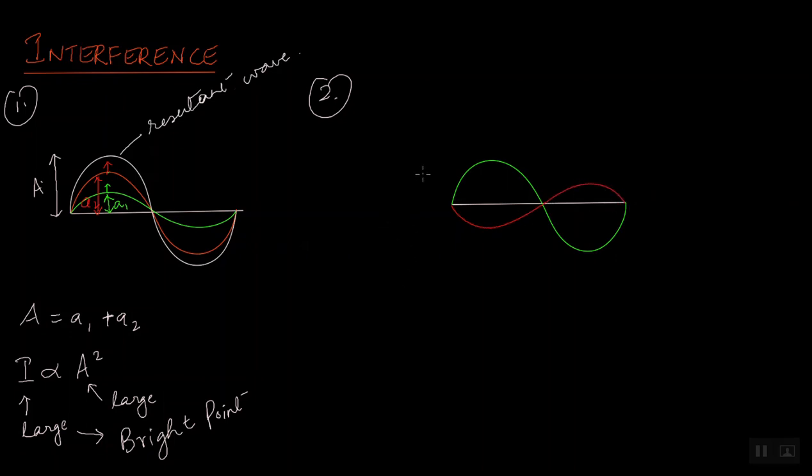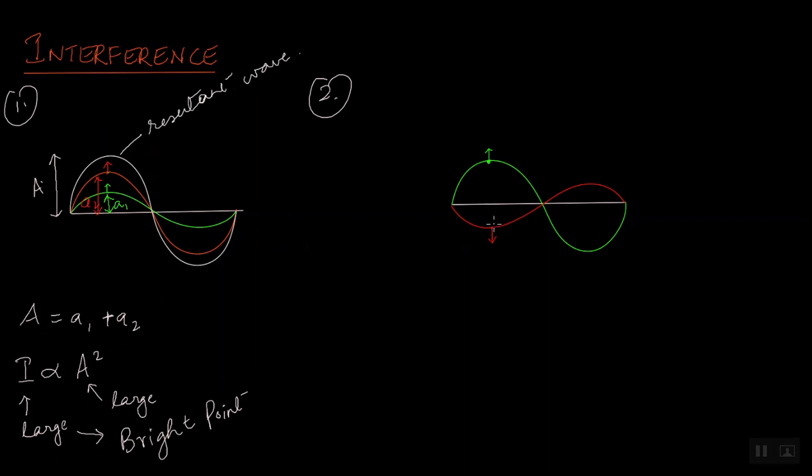So you can see here that the crest of the green wave is coinciding with the trough of the red wave. Similarly, the trough of the green wave is coinciding with the crest of the red wave. So in this case, what will happen here? You will notice one thing. This particle is pushing in that direction, whereas the particle of this green wave is pushing in that direction. So it's like they are pushing in opposite direction.